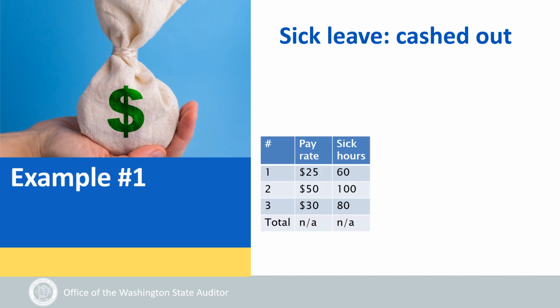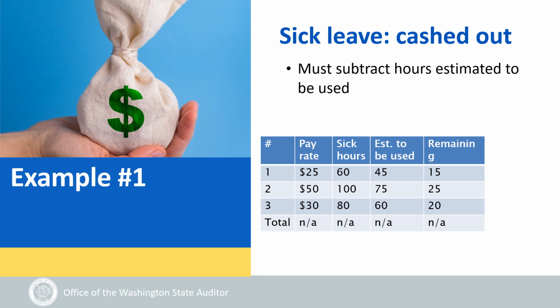We have the pay rate and total sick hours from our first slide. Now we subtract out those hours estimated to be used. We put that calculation in the remaining column. Now we determine who is likely to retire. In our example, employee number 1 is not likely to retire, so the estimated hours to be cashed out are 0.